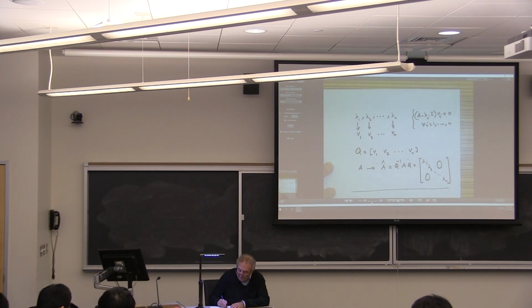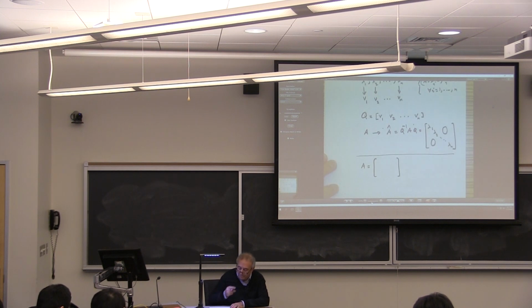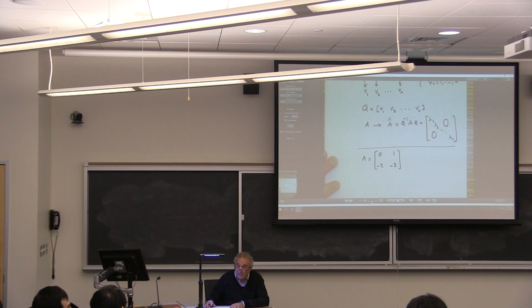I take this example, A is equal to 0, 1, minus 2, minus 3. Okay, so that is a nice matrix that I like. Usually I take it in companion structure, which is good.